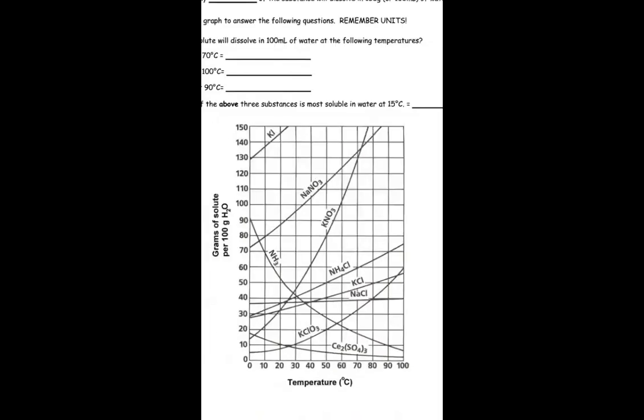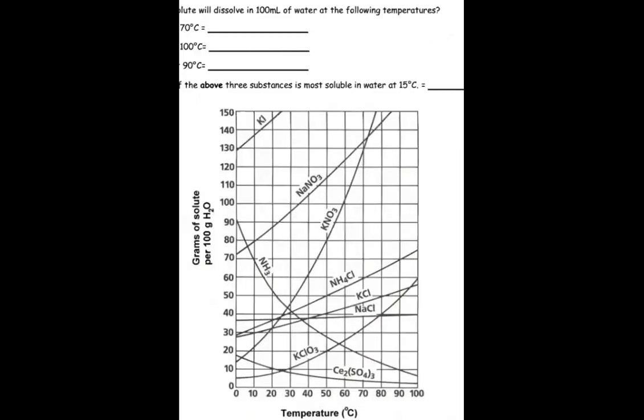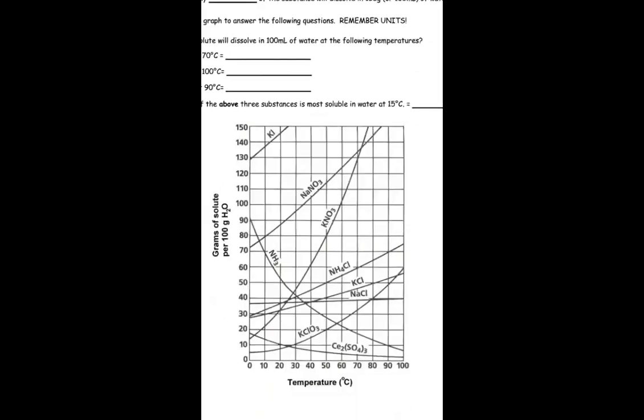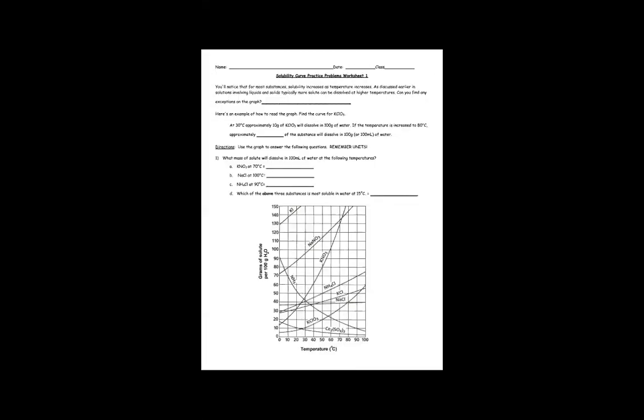What is the temperature? You forgot? Let me go back so you can see. The temperature is 30 and the mass is what? 70. Yes. Link 30 to 70. Can you see 30 to 70?